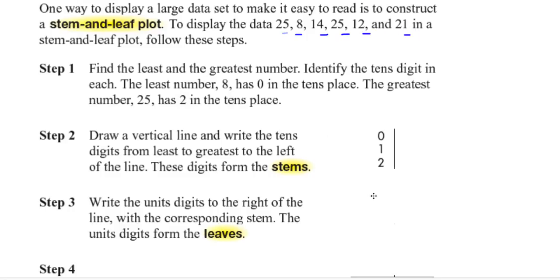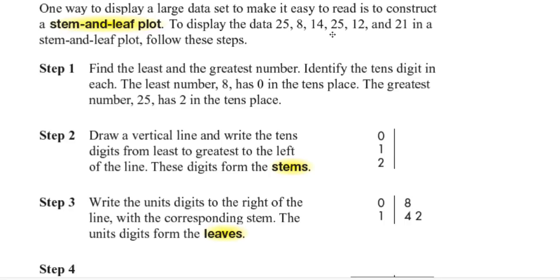Now the important thing is to write them where they're supposed to go. In 0 and 8, since in the number 8, 0 is the tens place and 8 is the ones place, the leaf of 0 is 8. The next one, in the stem of 1, you have 4 and 2. Why 4 and 2?